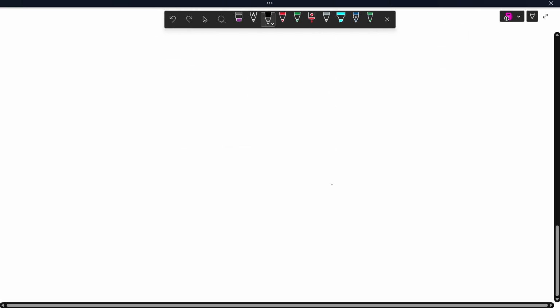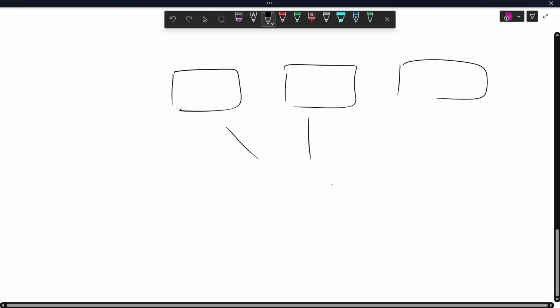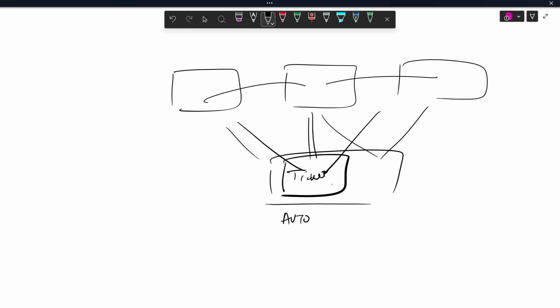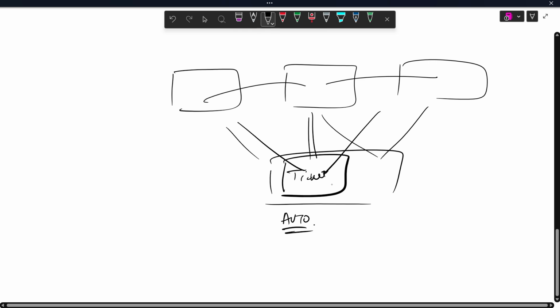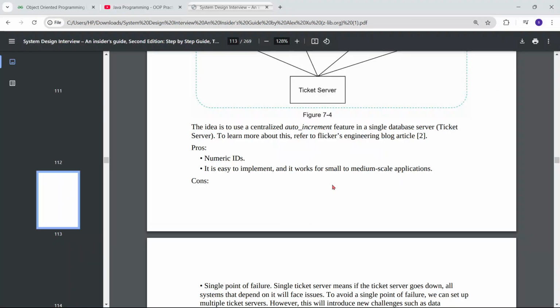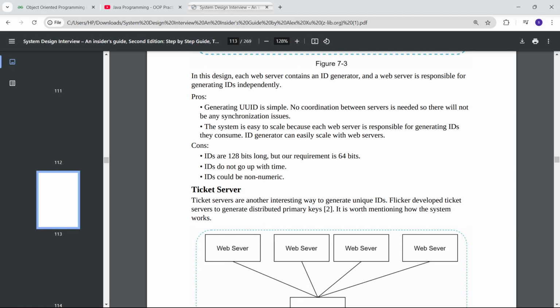So we have another technique which is known as ticket server. We have multiple web servers and a centralized auto increment feature implemented by a ticket server. So there are many servers and one centralized ticket server implementing the auto increment feature. The pros: obviously values are numeric, values are 64 bit, and there is no delay for syncing the values, right?